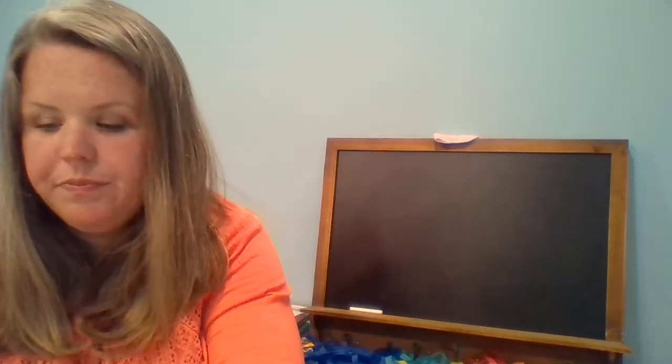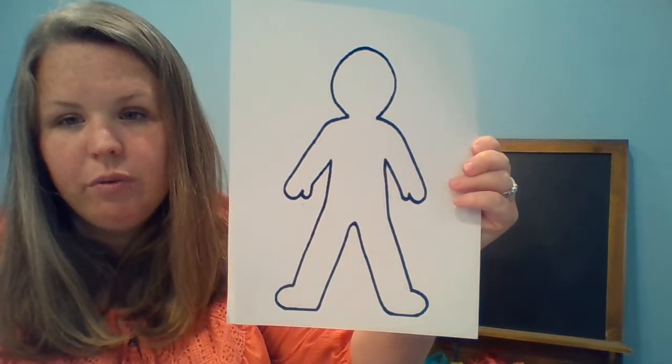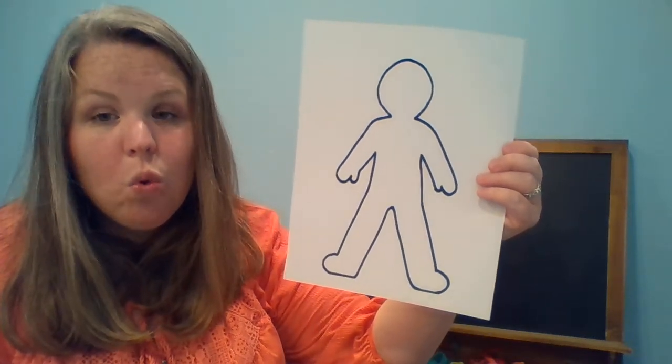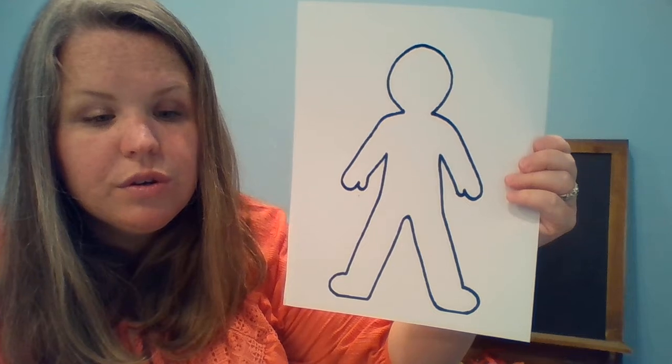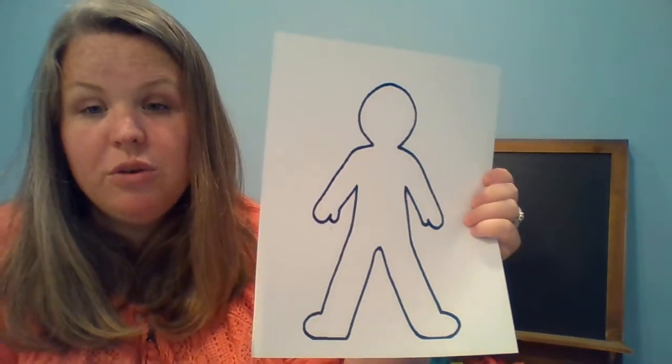And your job is going to be to use a blank character trait form, and you can either draw it or you can use the one that I sent. I'm going to show you a new website that we can use to get books, or you can choose to do this character trait on a book that you have at home.